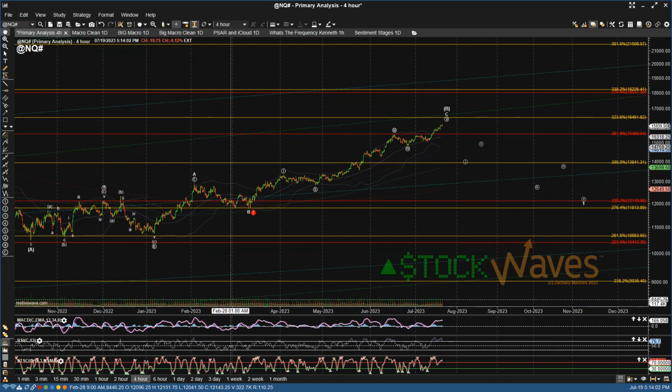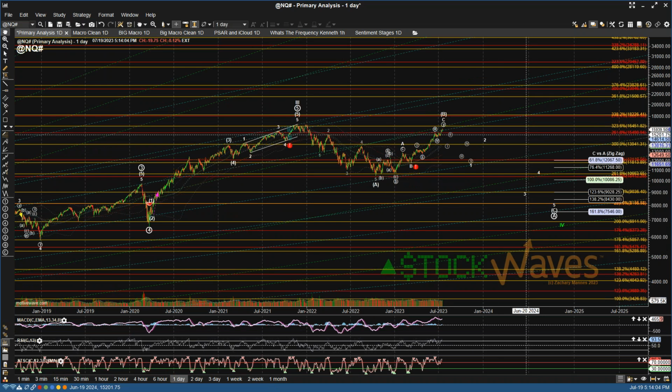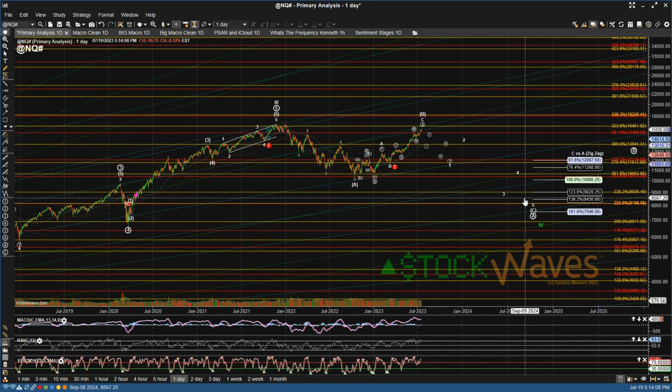So same structure there. Again, this is one of the things that we did talk about before, that this could be the larger circle green A, B, and setting up for a C wave of this wave 4.